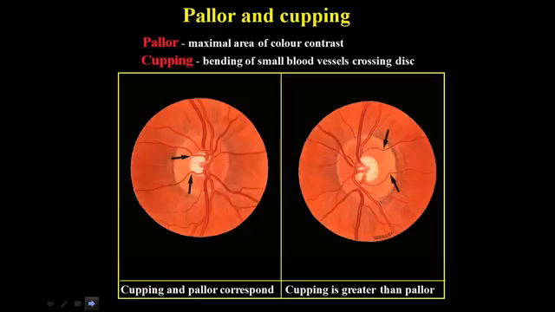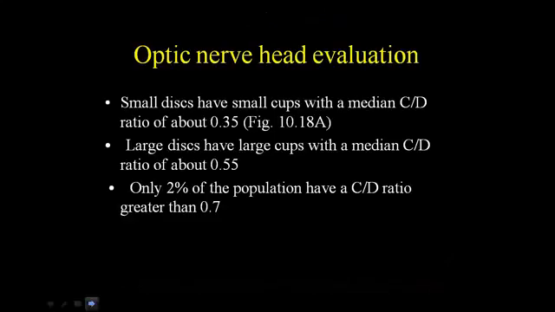So it is usually the cupping, or the CD ratio, the cup disc ratio, that is measured for the assessment of glaucoma. Usually it occupies three tenths of the disc, which is termed as CD 0.3. But as the glaucoma progresses, it may enlarge in the form of a notch, or it may enlarge concentrically.